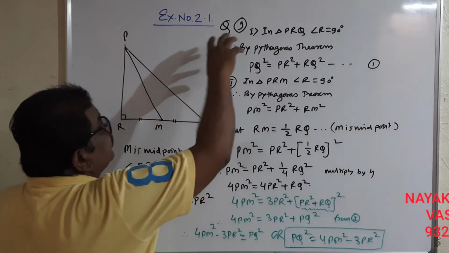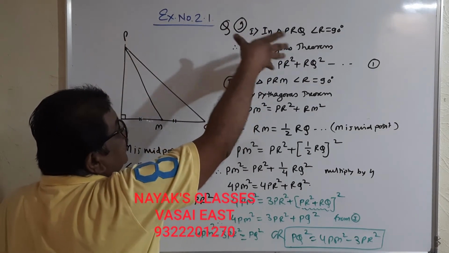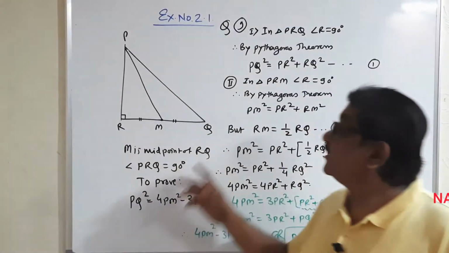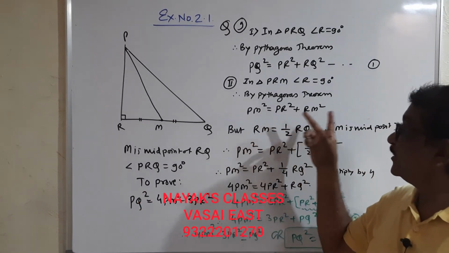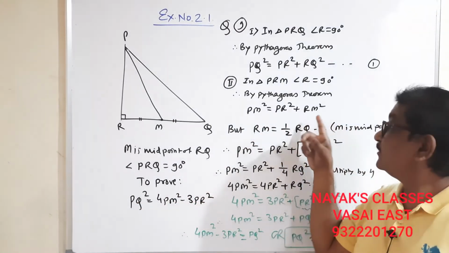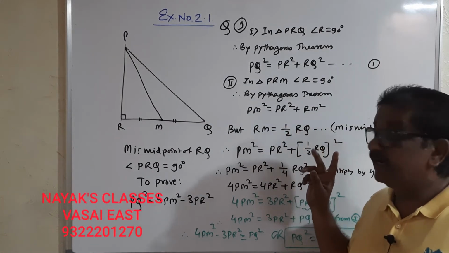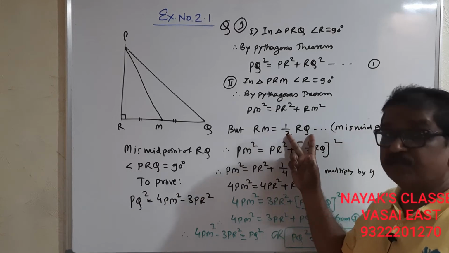We have taken the first PRQ as a right angle triangle and applied the Pythagoras theorem. In second, we have taken the smaller triangle and applied the Pythagoras theorem. In second, this RM is half of RQ.